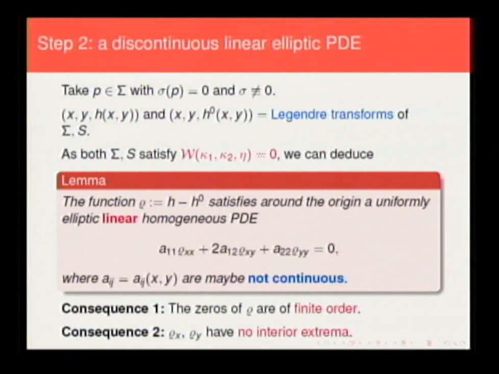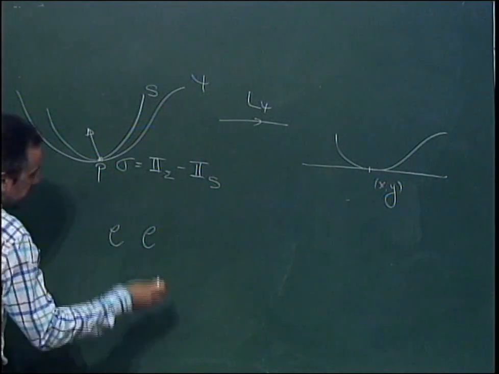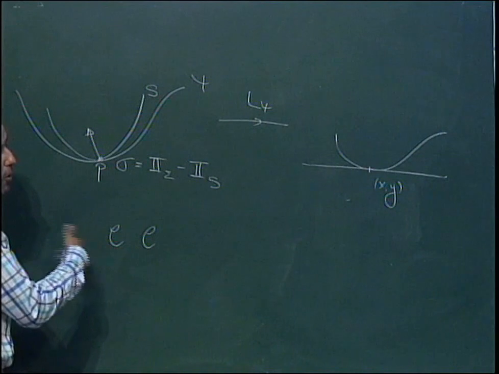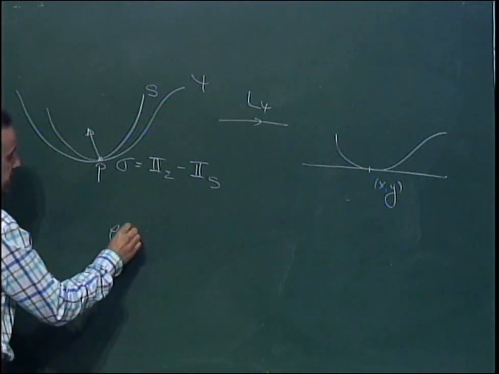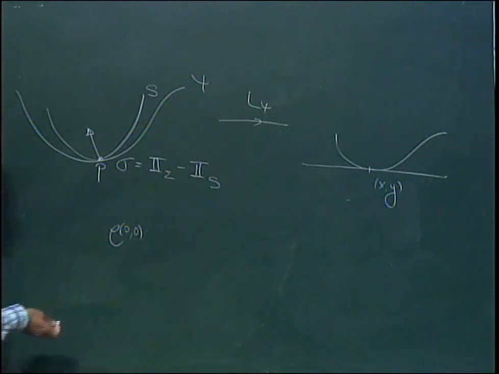As a consequence of a result by Bers and Nirenberg, in these conditions, when the equation does not depend on terms of first order, you have that the zeros of rho are of finite order. This means that if you have the function rho, some derivative of rho is different from 0, whereas a smooth function can have all of its derivatives at a fixed point equal to 0, but the function is not 0.